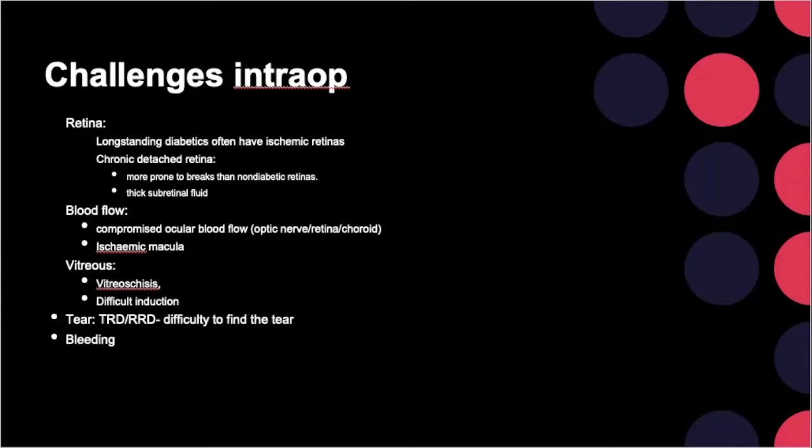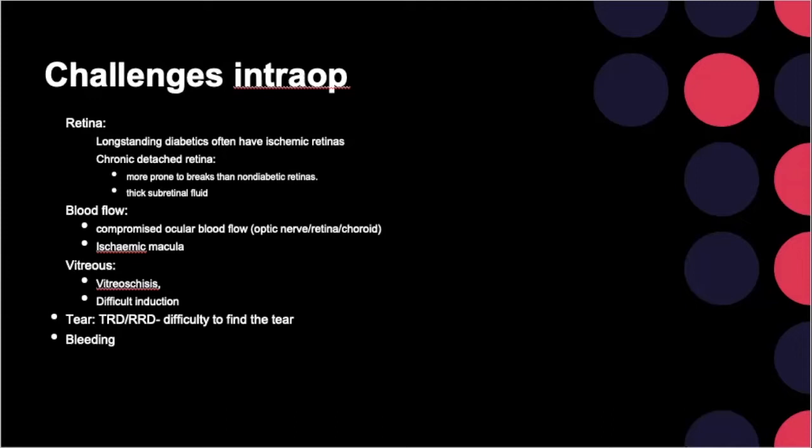And eventually there's the occurrence of traction retinal detachment and combined rhegmatogenous retinal detachment, which doesn't follow Lincoff's rule. And it's also not uncommon for us to have difficulty finding the tear, especially in a chronic condition.